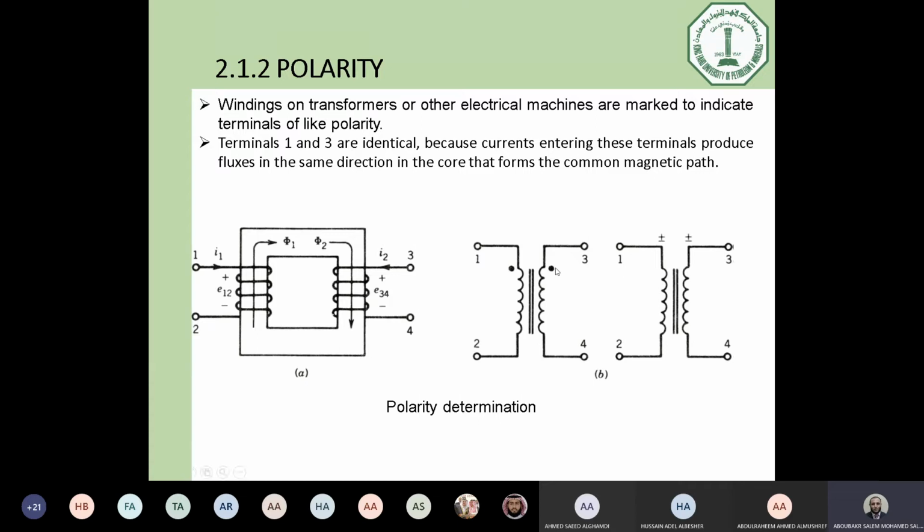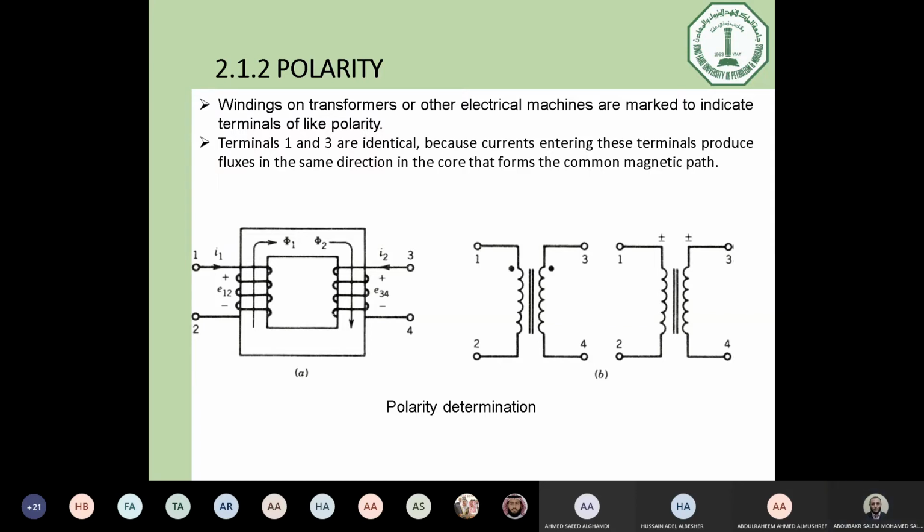This dot will represent that these two terminals are identical, which means if you supply the current from these two terminals, you will have aiding flux. Otherwise, if you reverse the polarity, the flux will be the difference between the two coils' fluxes. Is it clear, guys?